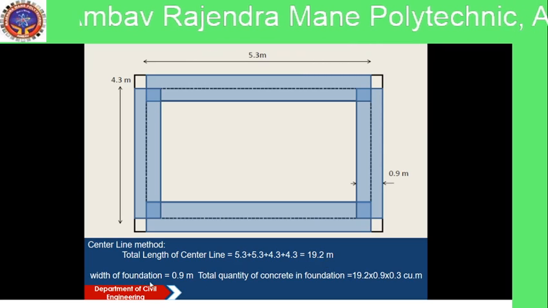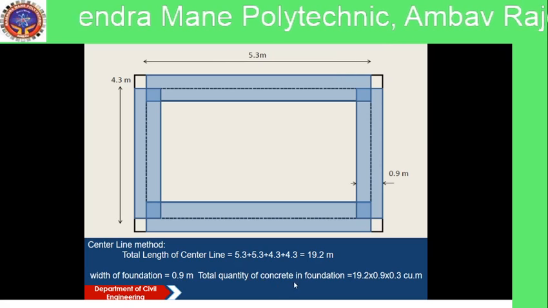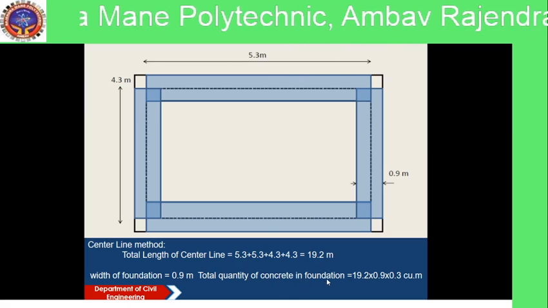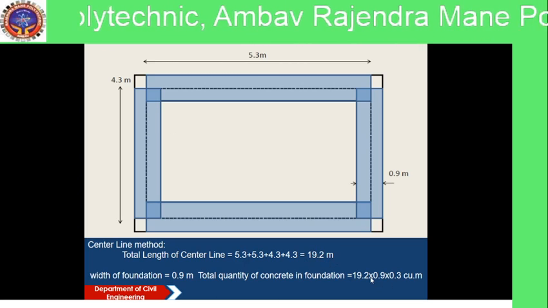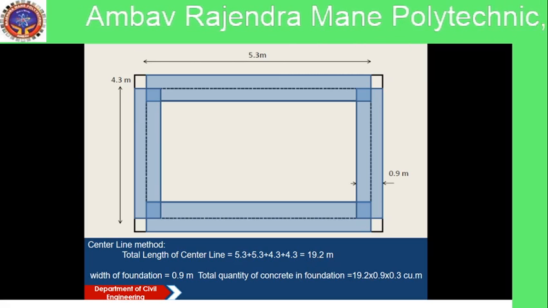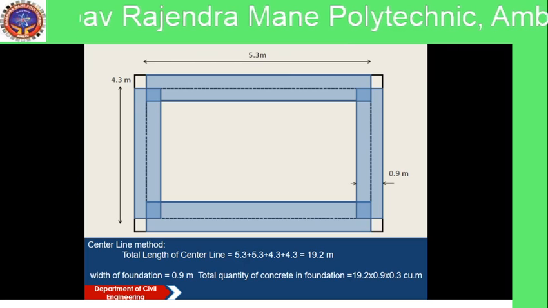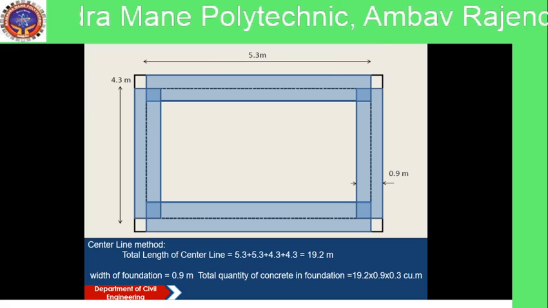So width of foundation is 0.9 meter. Total quantity of concrete in foundation is equal to total center line length 19.2 meter into 0.9 meter width into 0.3 meter thickness of the foundation.